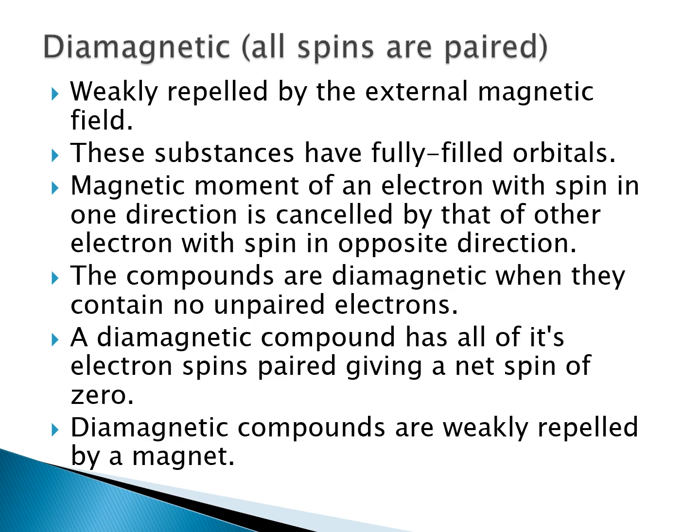The compounds are also diamagnetic when they contain no unpaired electrons. A diamagnetic compound has all of its electron spins paired, giving a net spin of 0. Diamagnetic compounds are also weakly repelled by a magnet.